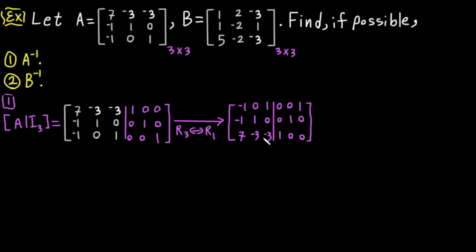So keep in mind that in RREF this matrix has to be identity: you start from here, it has to be 1 1 1, and elsewhere it is 0.